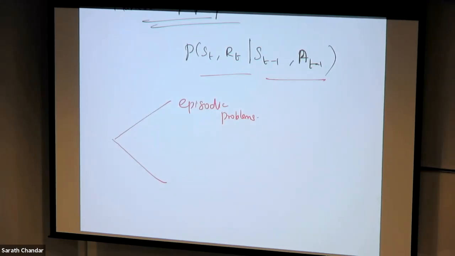You start playing, and at some point somebody is going to win or lose and the game ends, so the interaction ends. You can repeat this as many times as you want, but these are different trials or episodes. So in episodic problems, the interaction ends. And then we had, I think, continuing tasks.